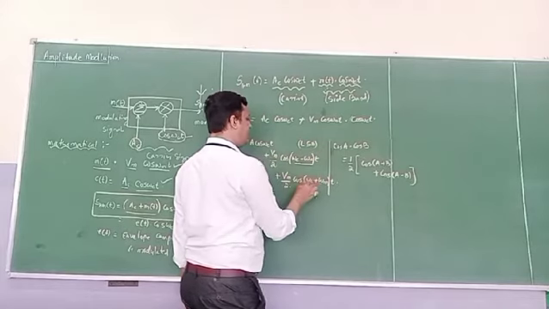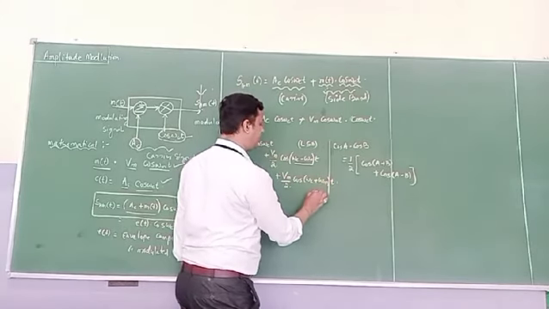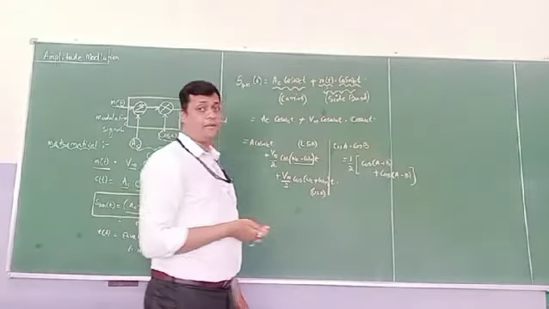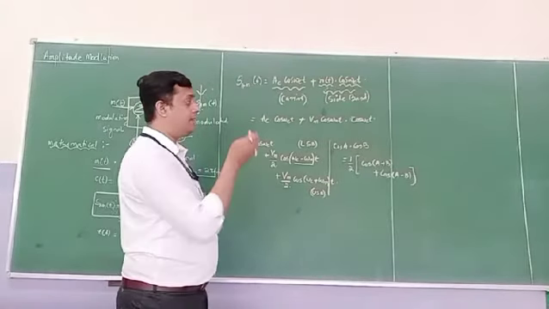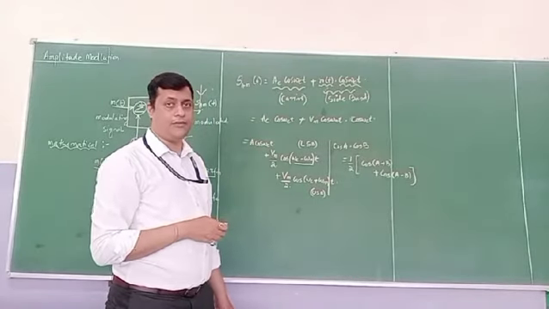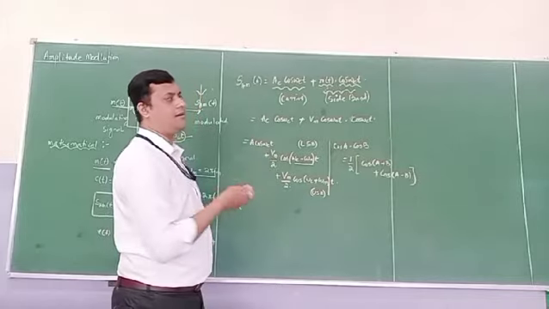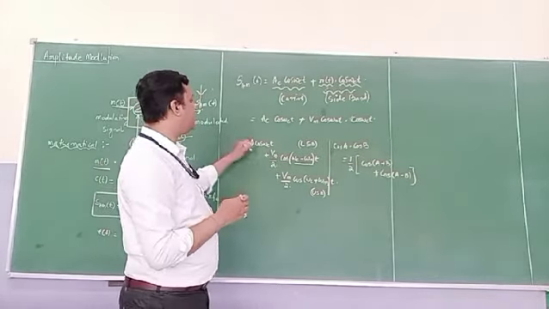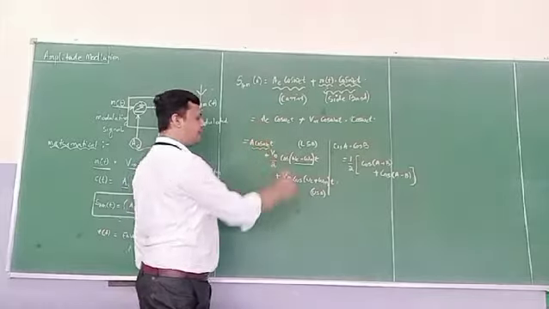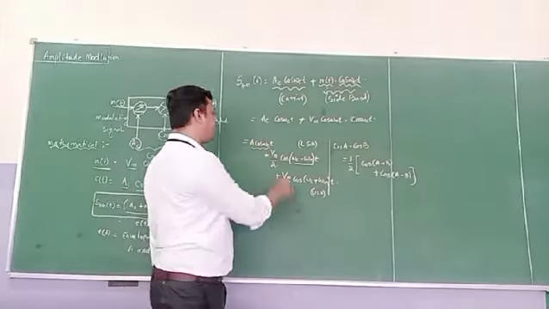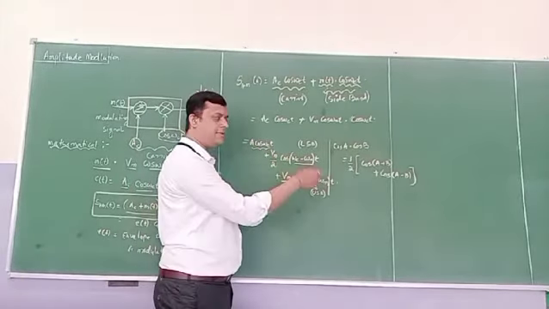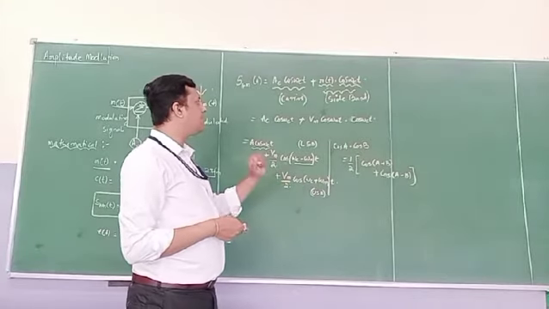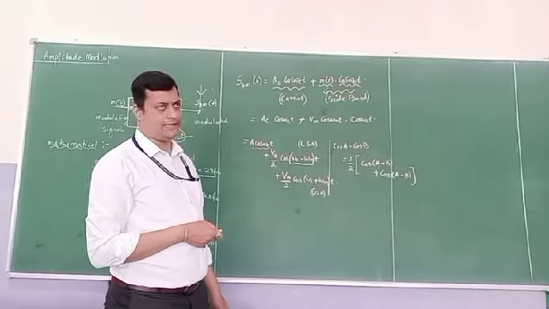And ωc plus ωm is called the USB component, the upper sideband component. While representing in the frequency domain, I will tell how to represent all this. For the time being, for mathematical analysis, the first component is our carrier, the second component is V_m by 2 cos((ωc minus ωm)t), and the third is V_m by 2 cos((ωc plus ωm)t). Like this we can write.